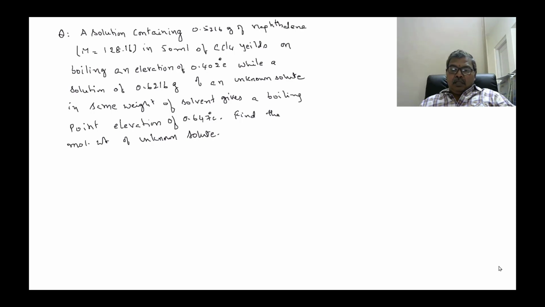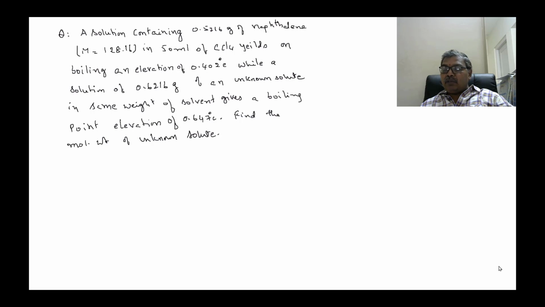This is the question. A solution containing 0.5216 grams of naphthalene in 50 ml of CCl4 yields an elevation in boiling point of 0.402 degrees Celsius, while a solution of 0.6216 grams of an unknown solute in the same weight of solvent gives a boiling point elevation of 0.647 degrees Celsius.